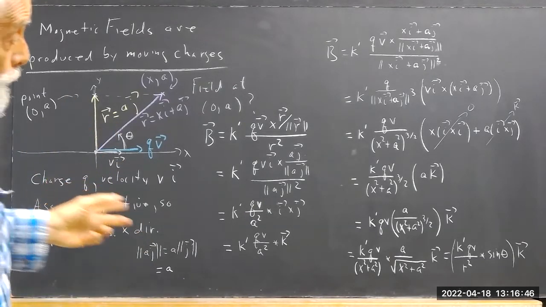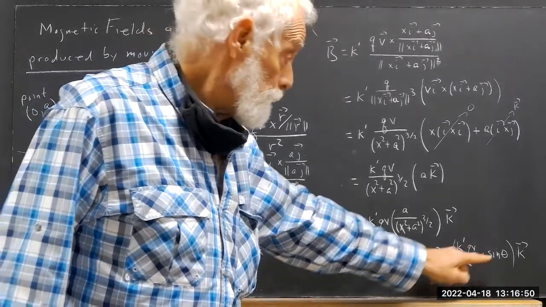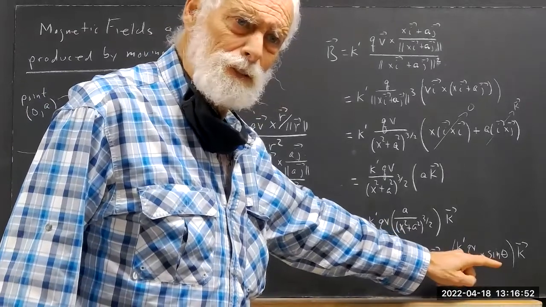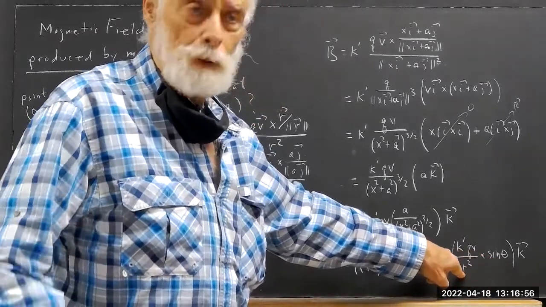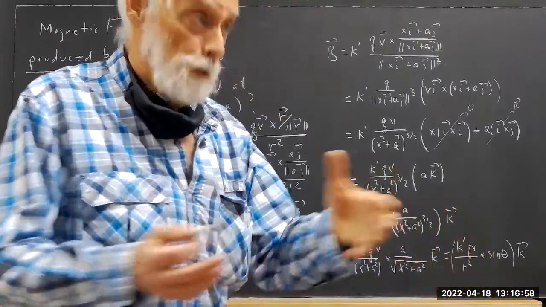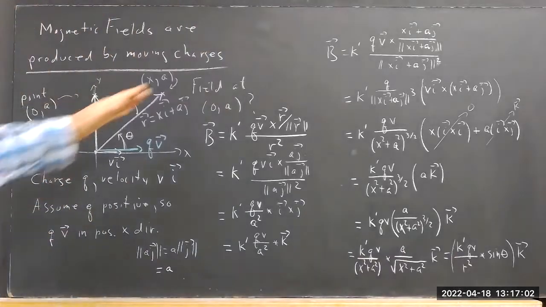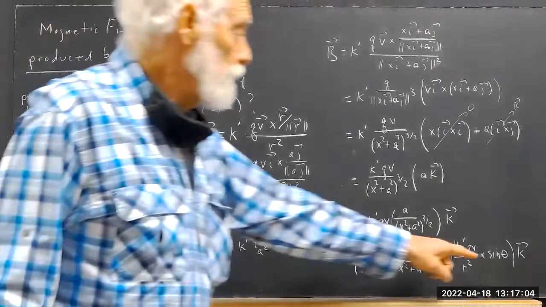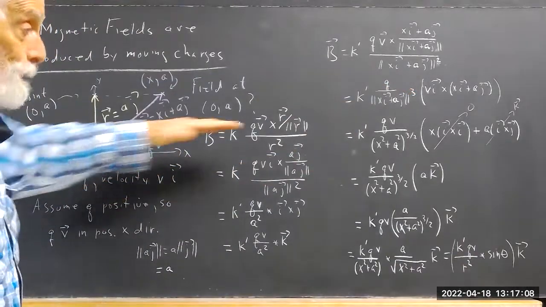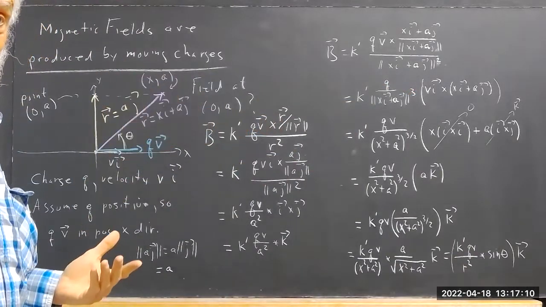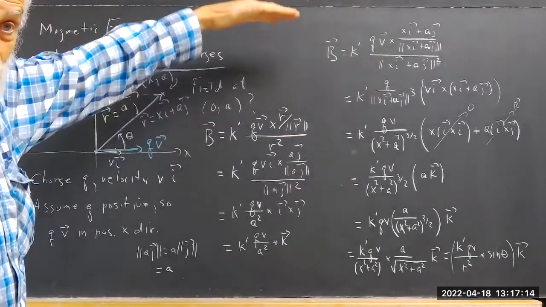It decreases as an inverse square because of the R squared, but it also decreases because the sine of theta decreases as theta approaches zero, if you move in this direction without changing this distance.